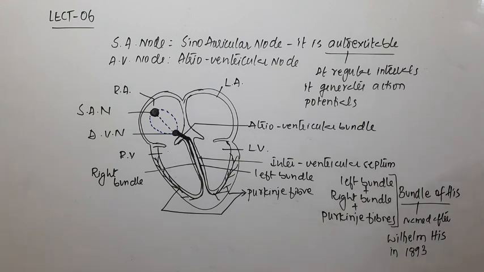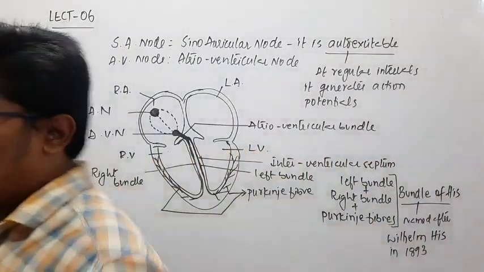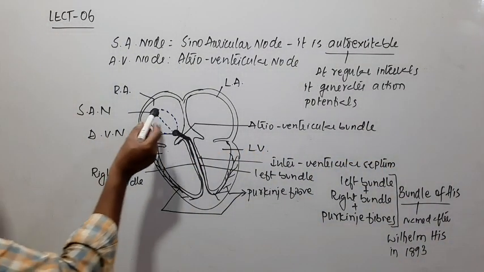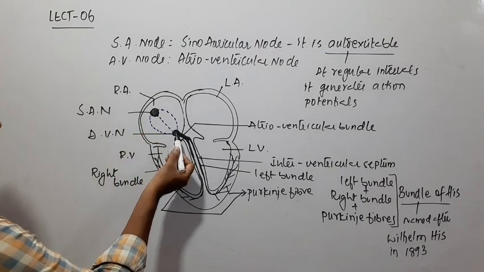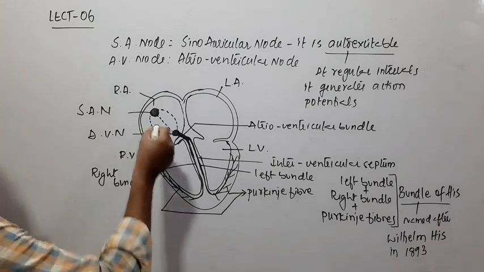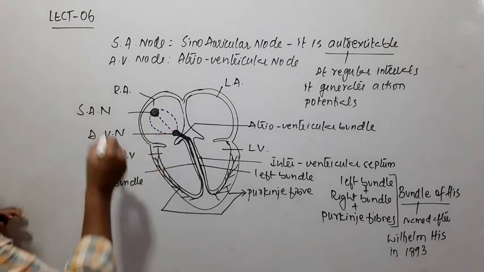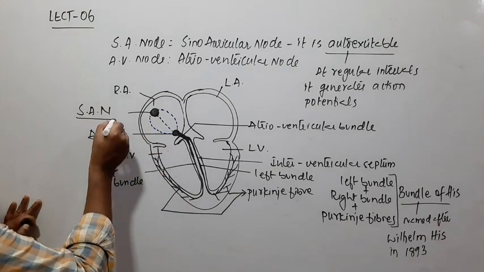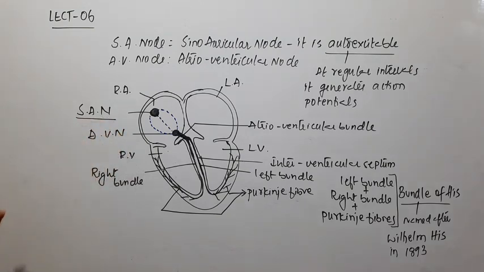So here we understand that the SAN and the AVN are both present in the right atrium and connected by the nodal fibers. This SAN is auto-excitable and it generates action potentials at regular intervals.